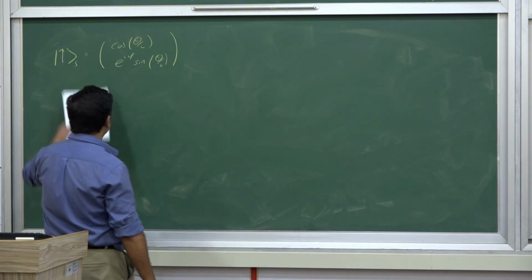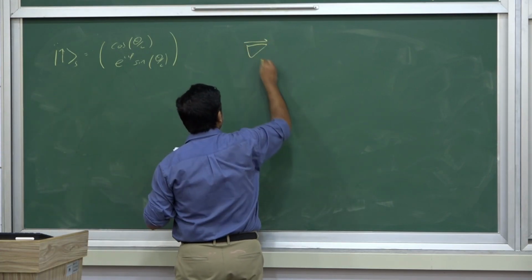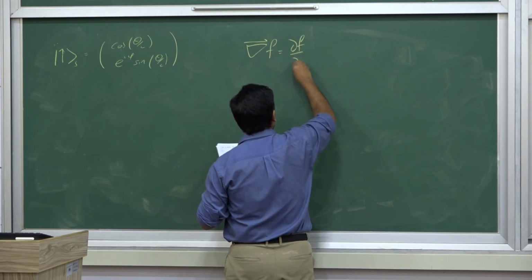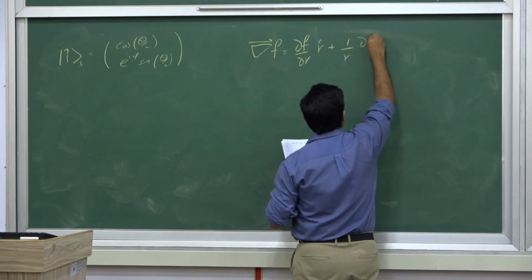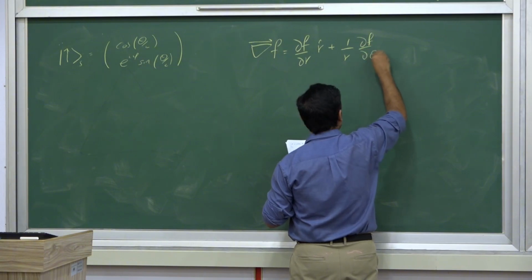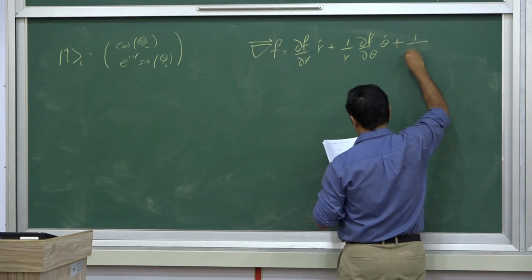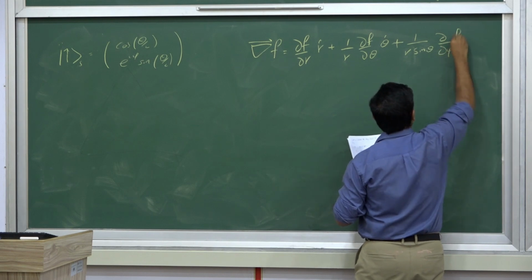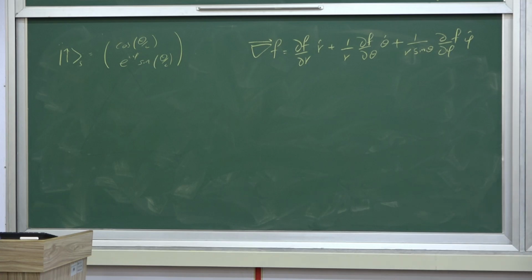So what I need to compute this thing, and let me write, this is not very bad. Because this is what comes in the computation of Berry connection.